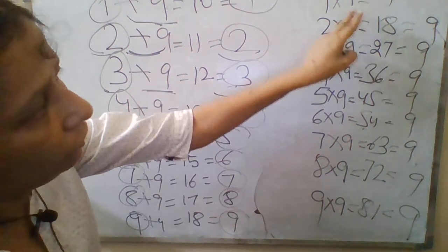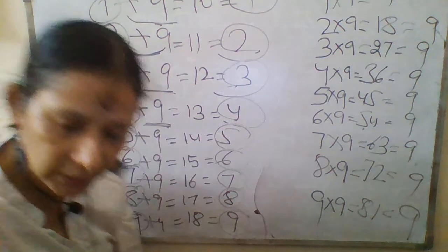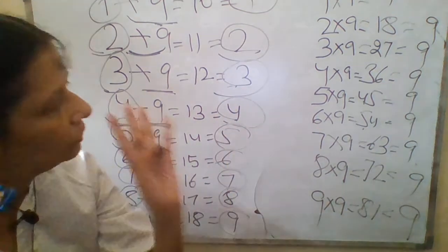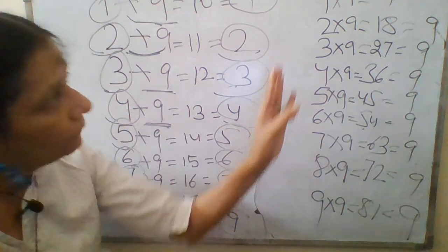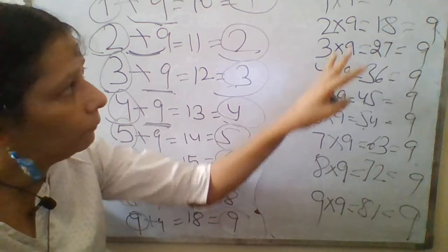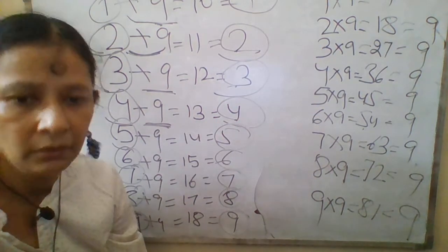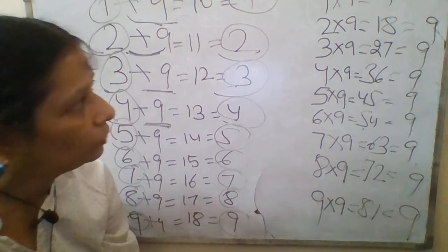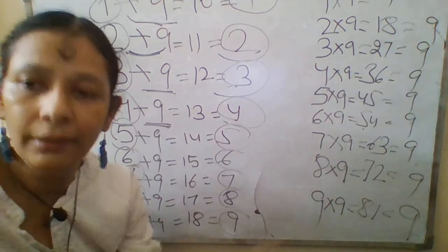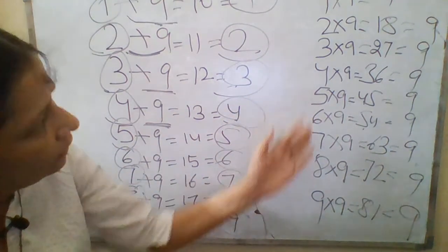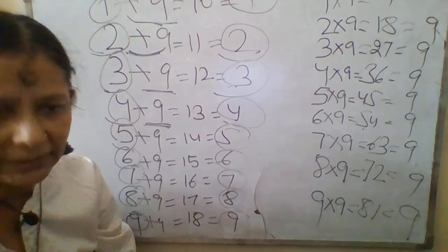When you multiply in digital root, this is the property. This is the most important property: if you multiply a number with 9, its digital root will always be 9 only. These are small digits, 1 2 3 4 5 6 7 8 9.